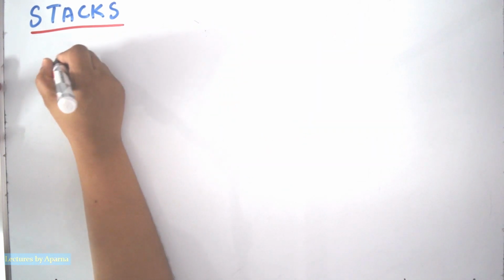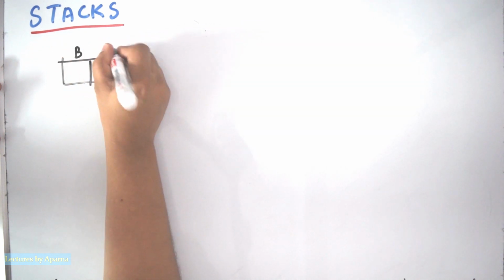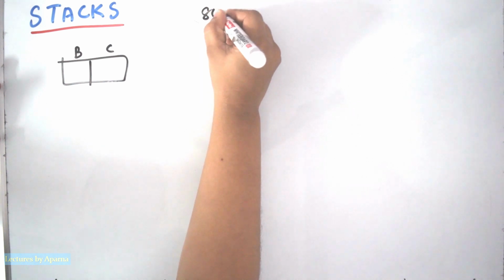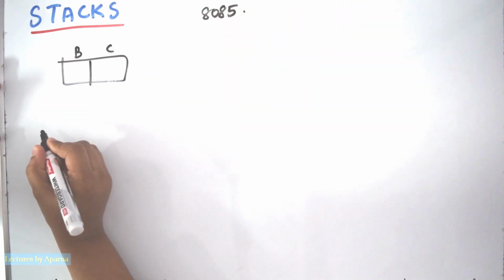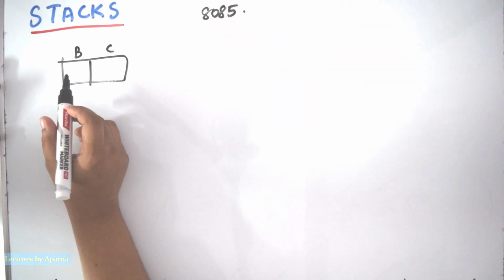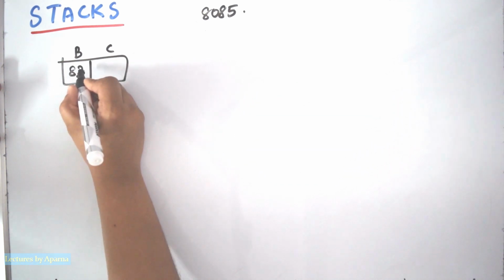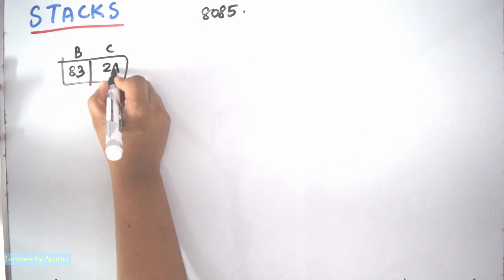Suppose we are having the register pair BC in 8085. Let the content in it be 832A.